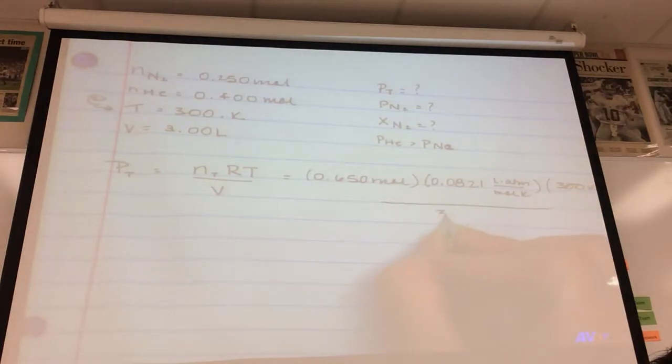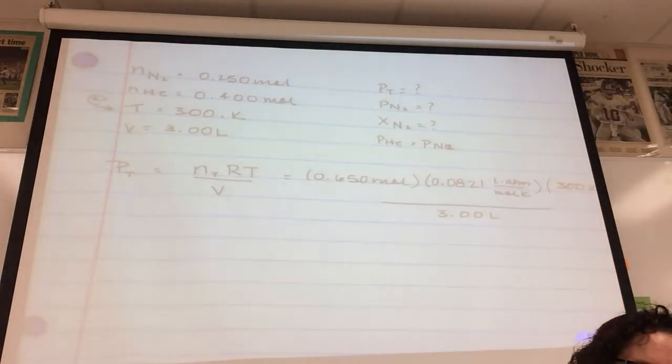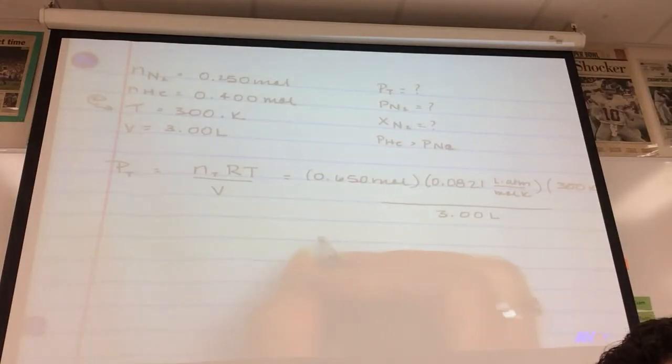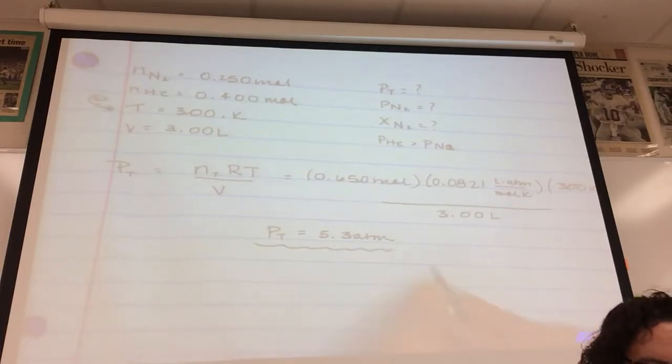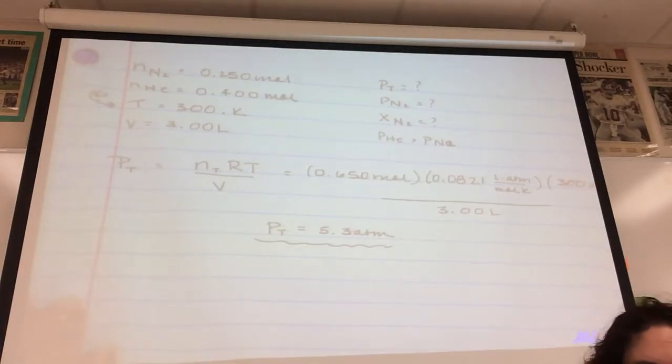The volume needs to be in liters as well, otherwise it won't cancel with the unit as part of R. So you have 0.65 times 0.0821 times 300 divided by 3 and your total pressure is 5.3 atmospheres. And there's really nothing to that, nothing you couldn't have already done.